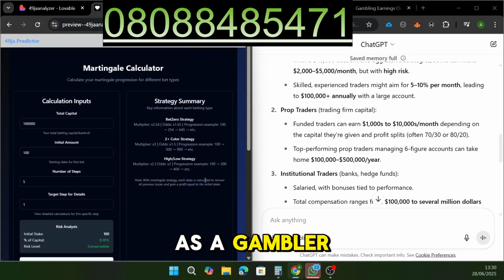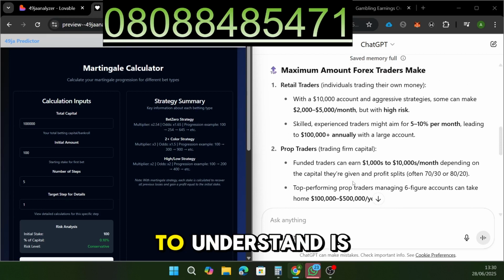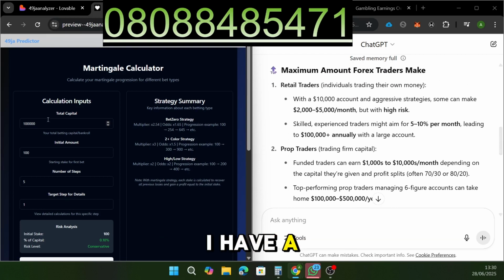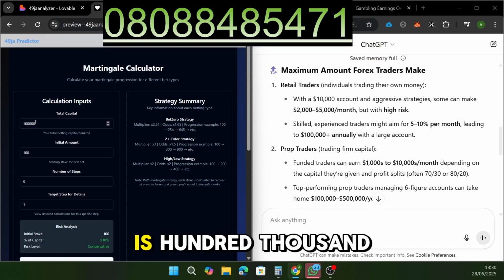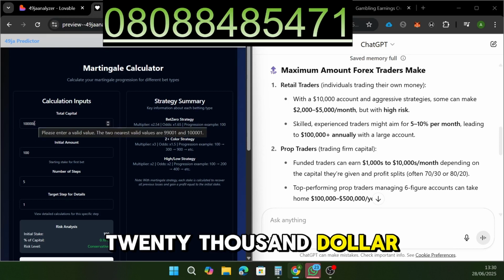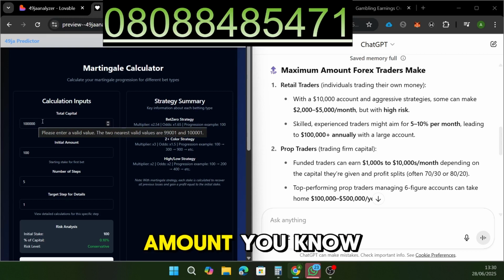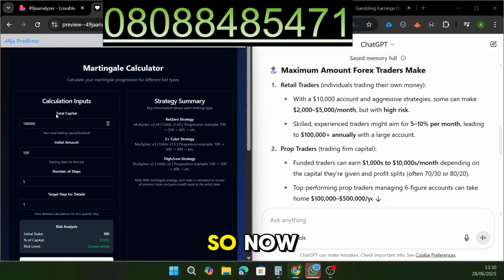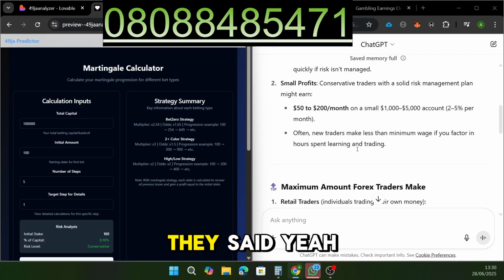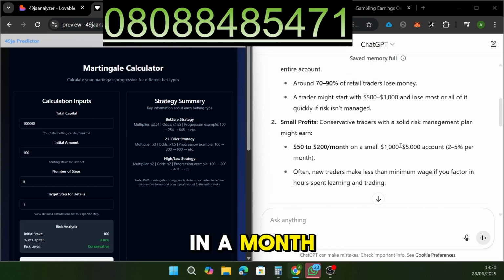As a gambler, what you have to understand is that the total money I want to invest in this game is 100,000 naira, or 20,000 naira, or any amount you are comfortable with. As a trader, they said in a month, with a capital of 1,000 to 5,000, the target profit is 50 to 200.